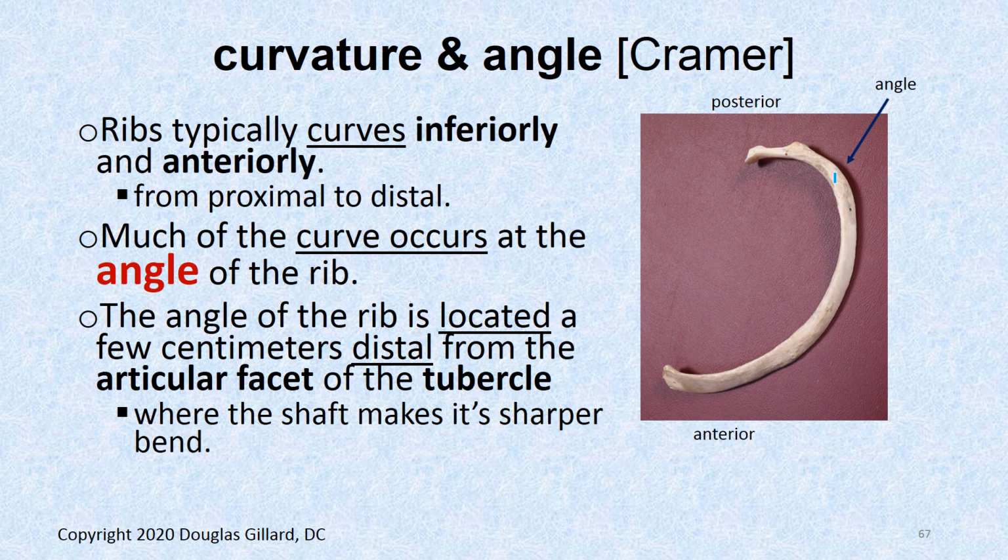Much of the curve occurs at the angle, as you can see right up above. The angle is located a few centimeters distal from the articular facet. Really it's exactly distal from the tubercle. I don't know why Cramer said a few centimeters, because the tubercle contains the articular facet, but that's just the way he decided to say that there.